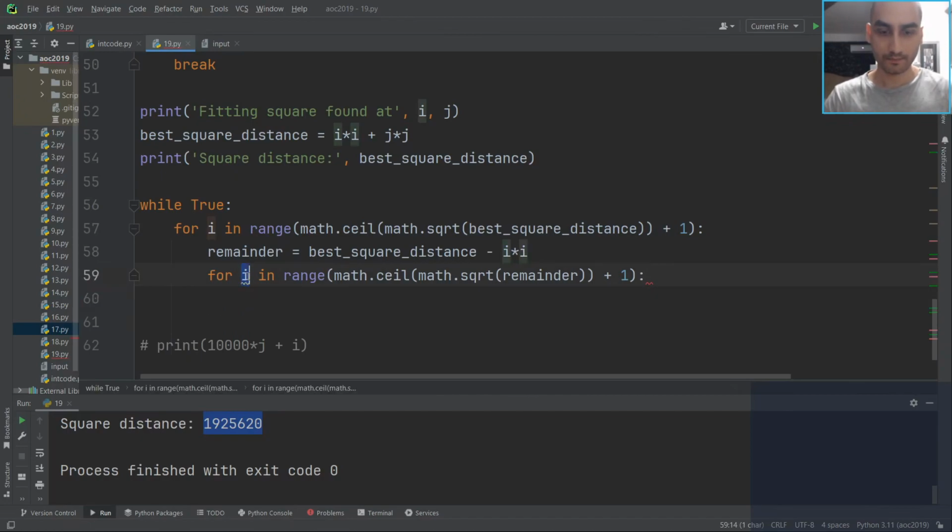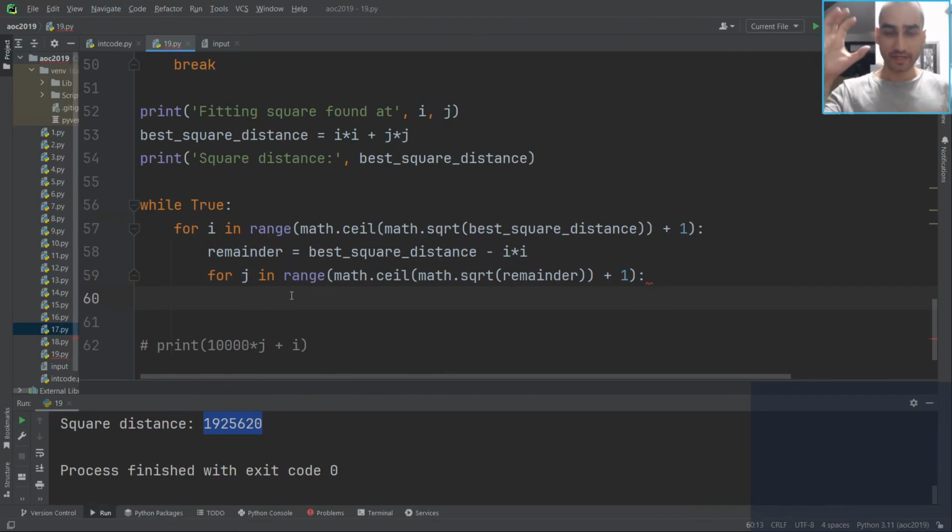So these are all the i's and j's we can try, for which we know that it won't exceed. Well, we know we've covered all the points that could possibly be strictly less than or equal to this square distance, or less than.